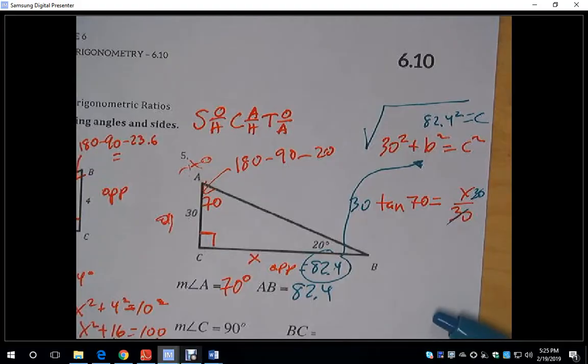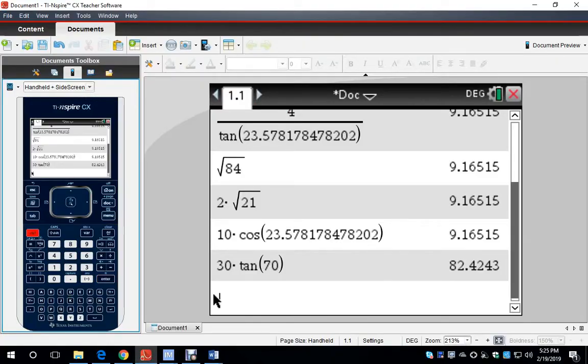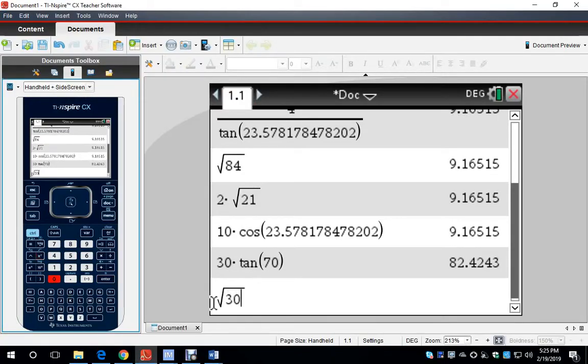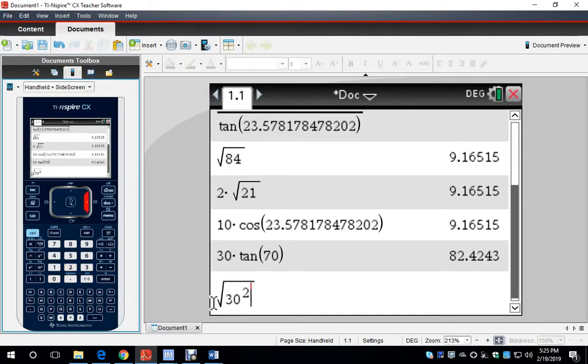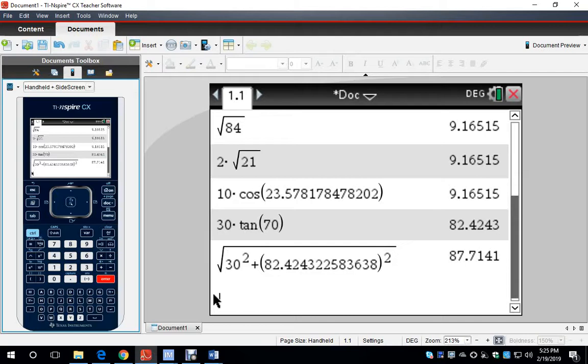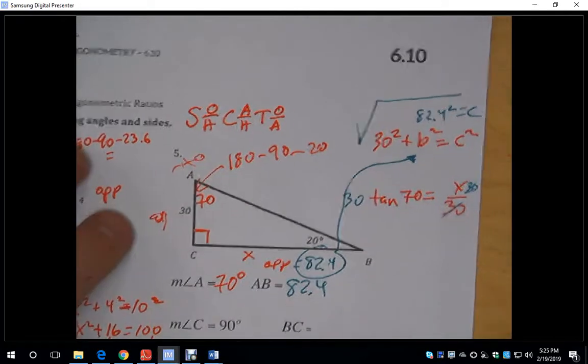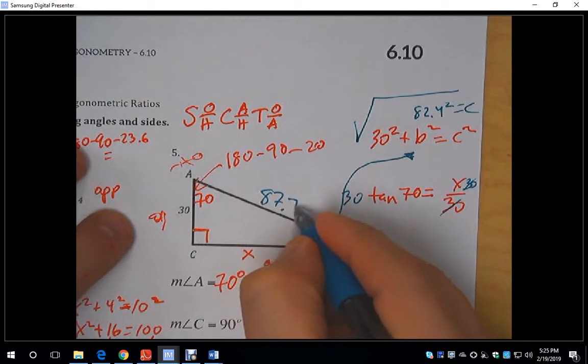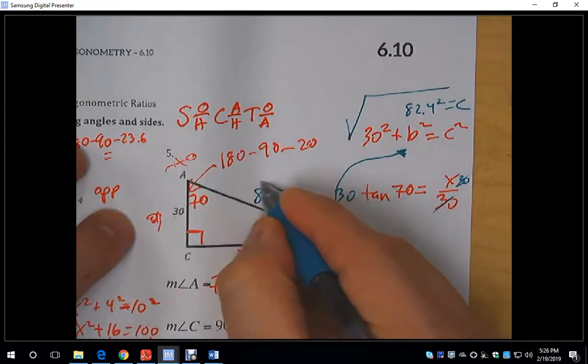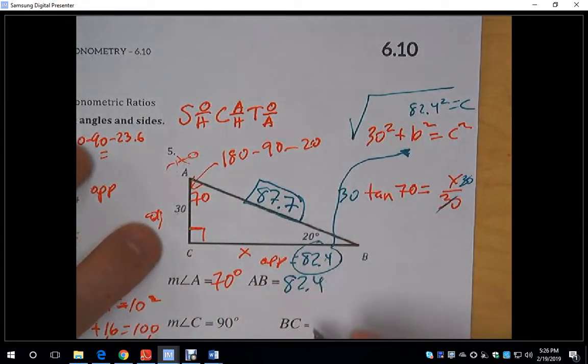So we'd have the square root of 30 squared plus, and then we're just going to use this full amount over here, 82.42 and so on, squared, and that gives us 87.7. So this side here is 87.7, and it is the longest side, so that makes sense.